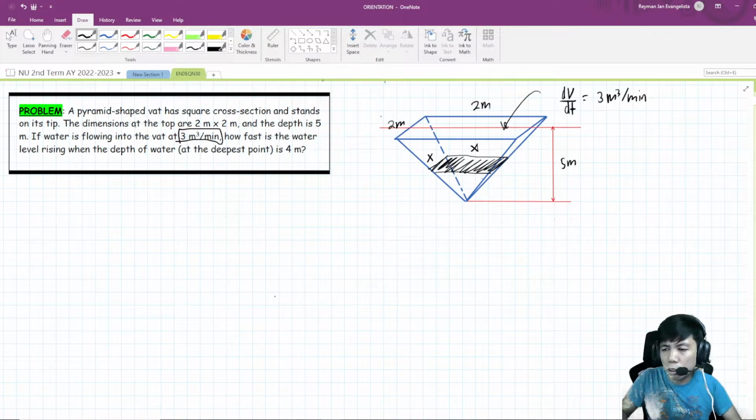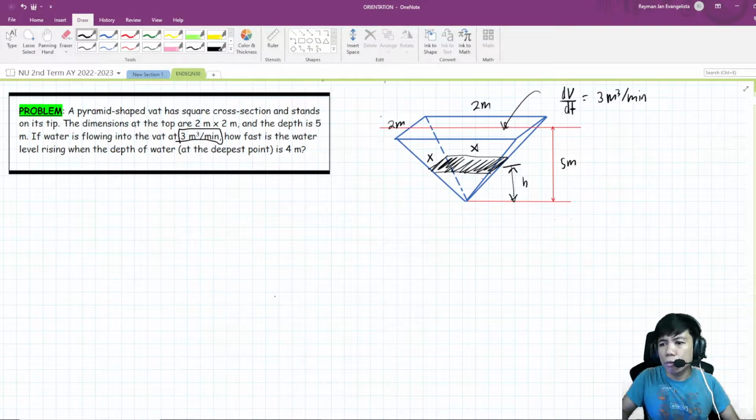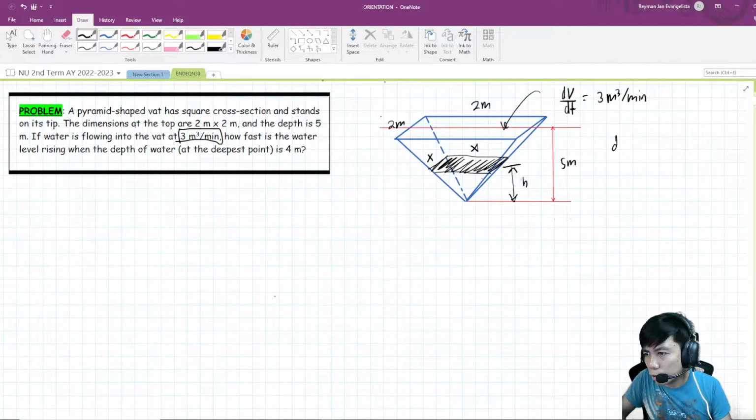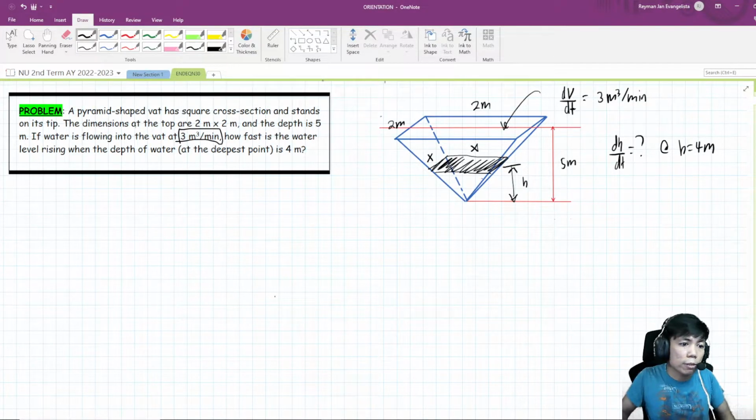Then, the height of the water or the water level is, let's say, h, at any time. Now, ang pinapahanap guys dito is yung rate ng pagtaas ng tubig when the depth is 4 meters. So, that is the value of dh/dt. So, ano yung value daw niya at h is equal to 4 meters?